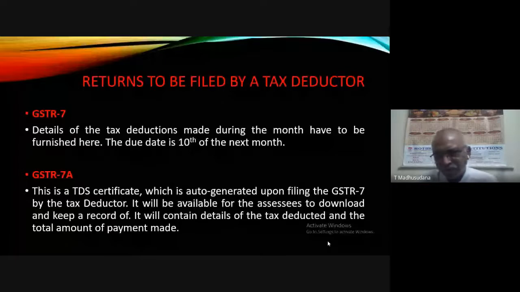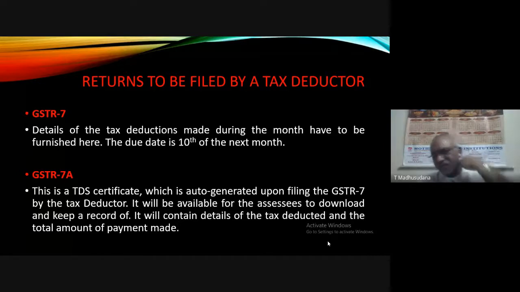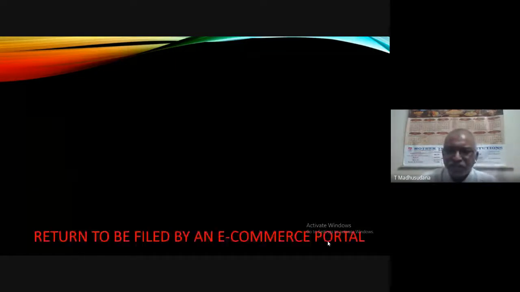It will be available for the assessees to download and keep a record of. It will contain details of the tax deducted and the total amount of payment made, how much tax was paid to the government. All these details will be made available in GSTR 7A.